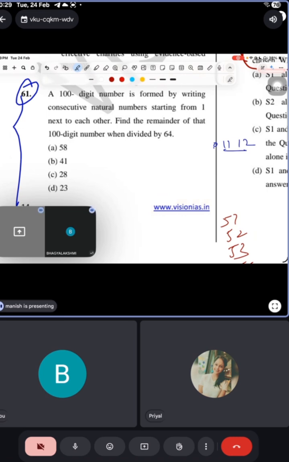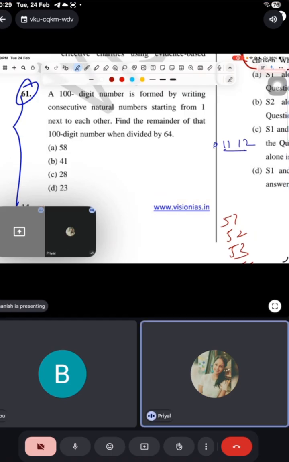A 100-digit number is there. We have to find the remainder if it is divided by 64, and it is starting from 1. This is not the demand. 64 we have to take out first.